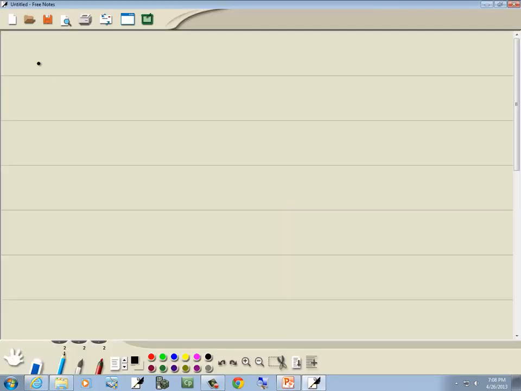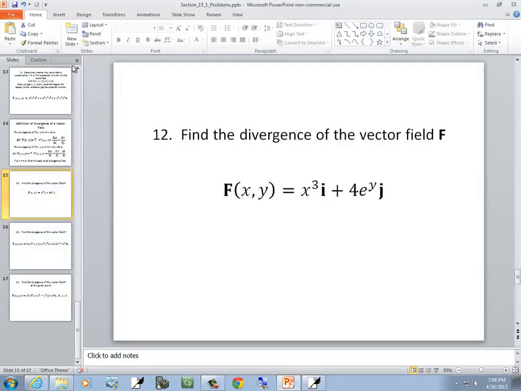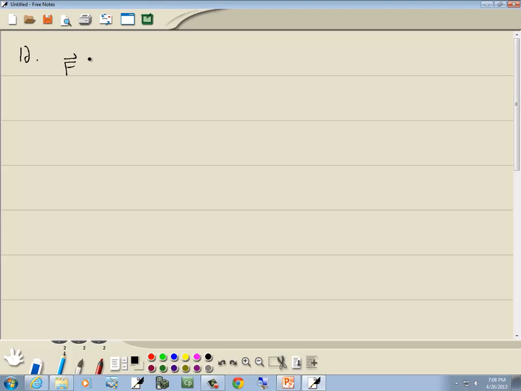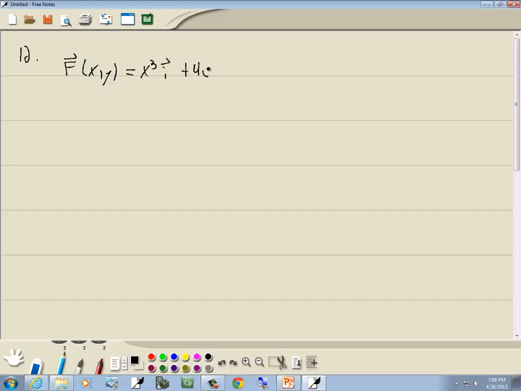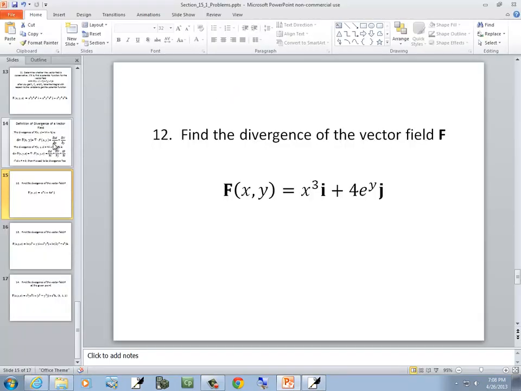But let's find the divergence here. Our vector field is equal to x to the third i plus 4e to the y j. It says find the divergence.